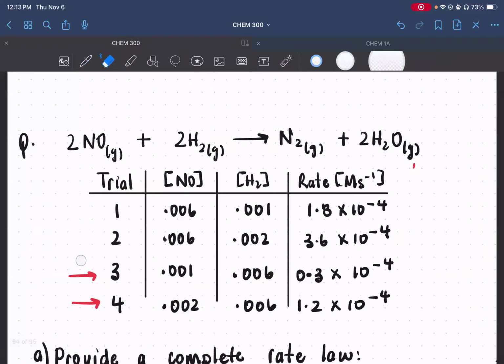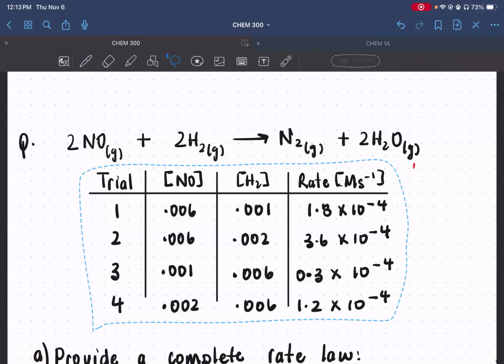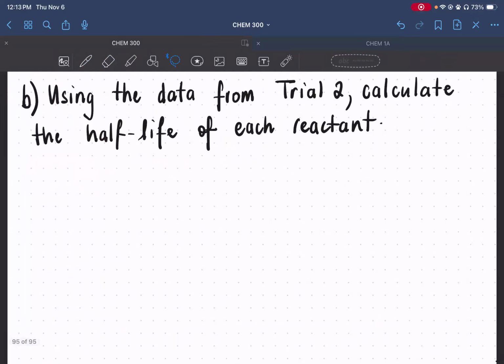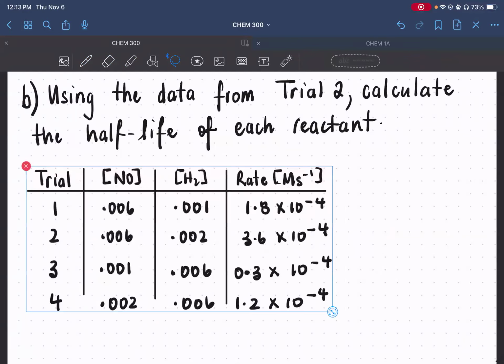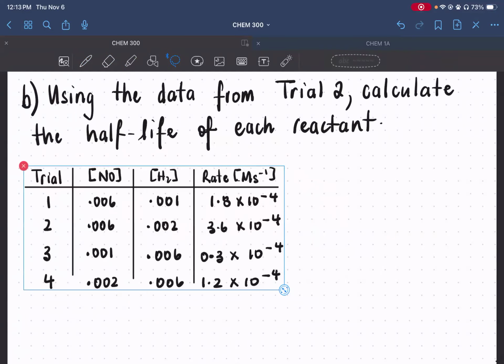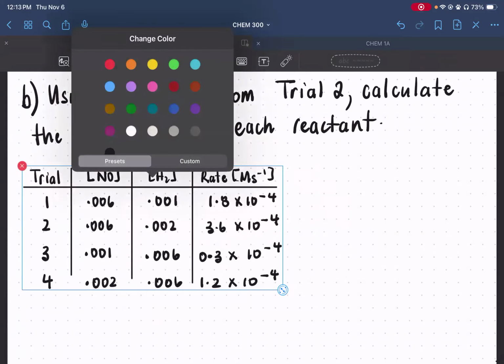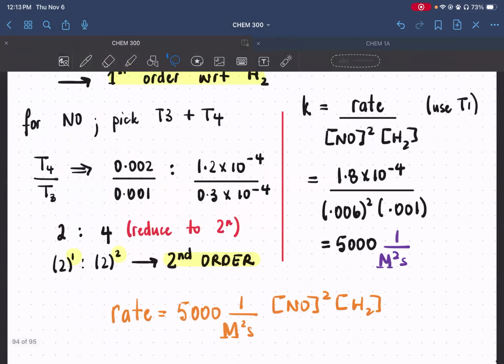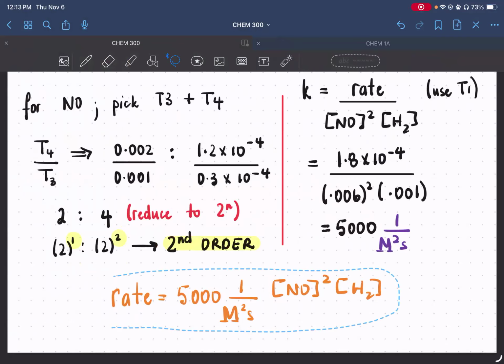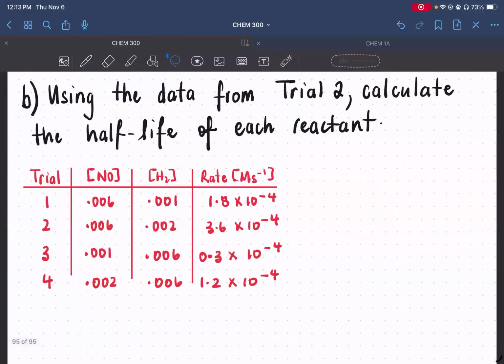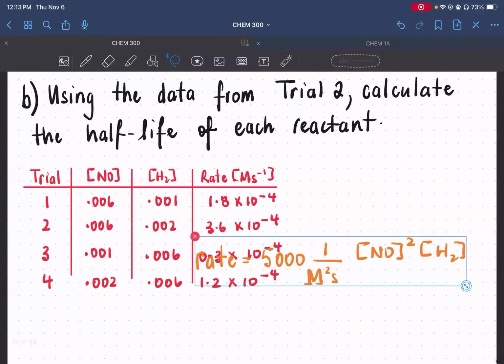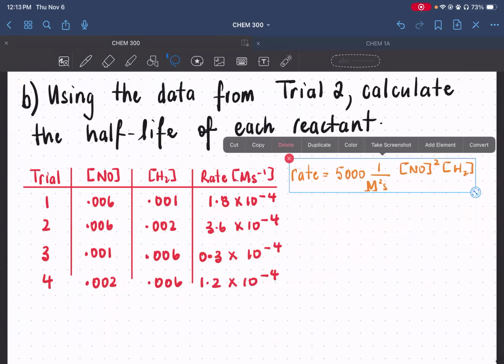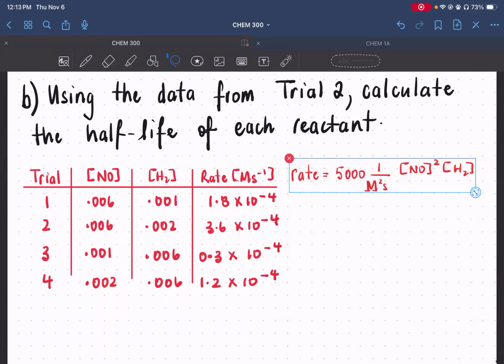All right, let me just get the data table at the ready. And of course, in case we need the rate law expression, I'll also just grab that. And all I'm doing is putting them together so we can quickly refer to it.